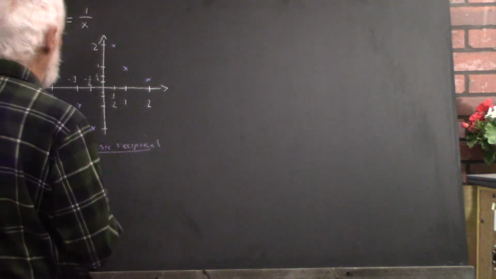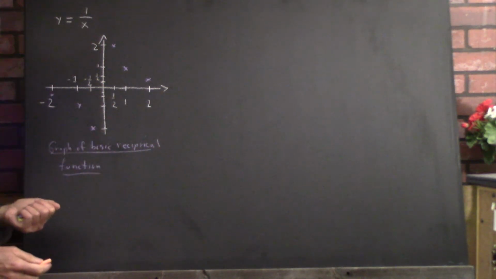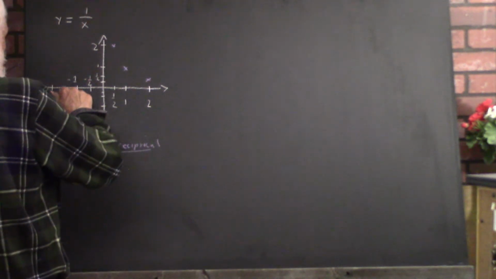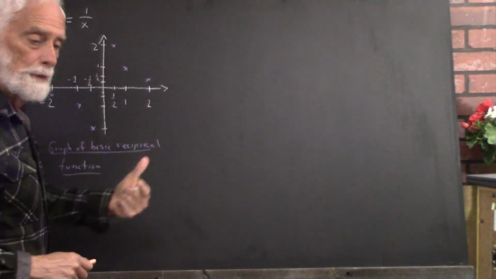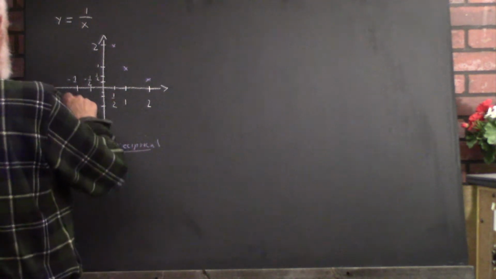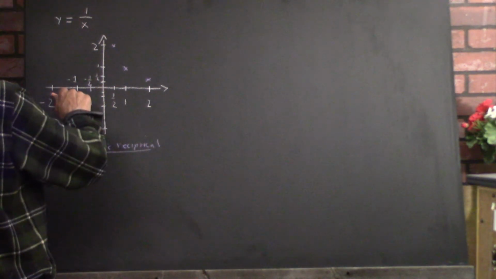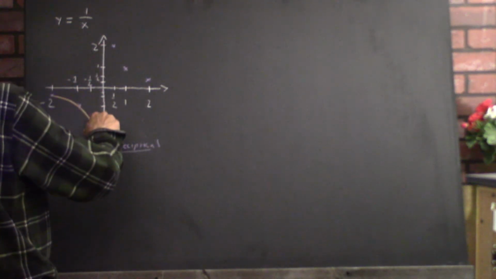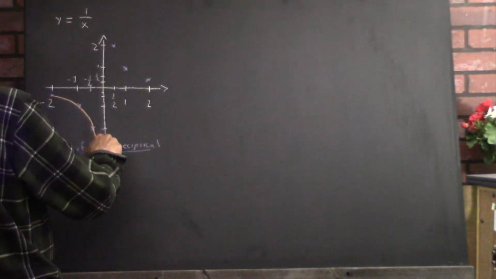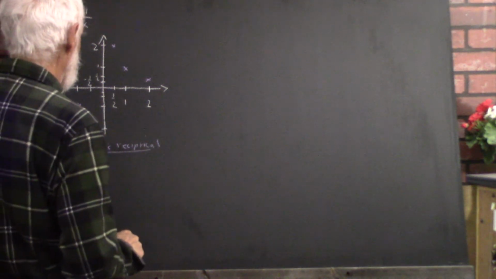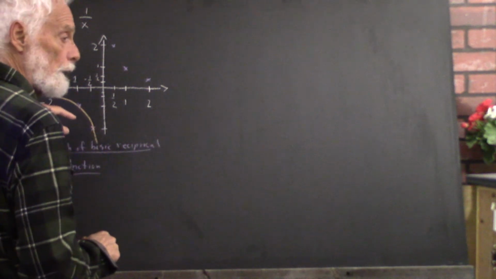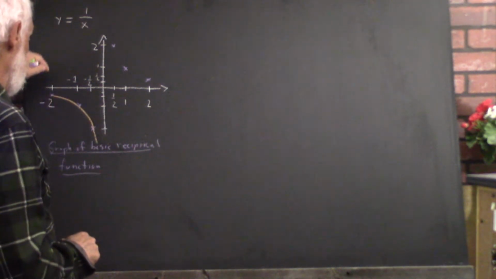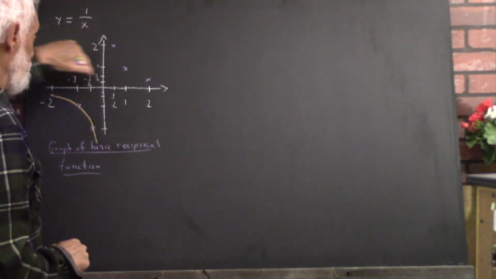Okay, well, now I'm going to draw a curve through these points. It's going to be the graph of the extended basic reciprocal function. Okay, the graph is going to continue on past this point, because the extended basic reciprocal function is defined everywhere from -2 to 2.